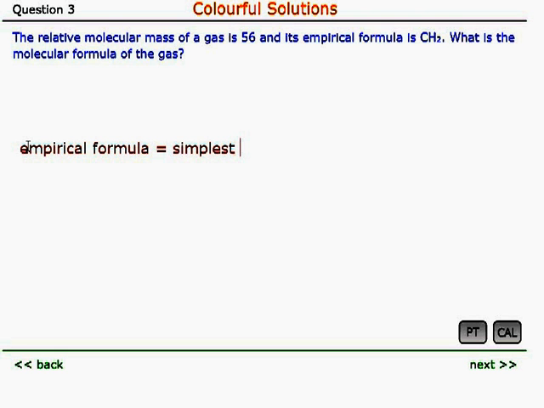On to question 3. Relative molecular mass of a gas is 56, and its empirical formula is CH2. Remember the empirical formula? Empirical formula is the simplest ratio.